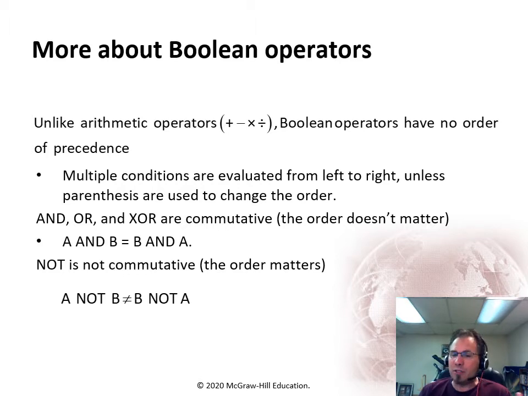However, the not, which makes sense, is not commutative, because A not B is definitely different than B not A. It's an exclusionary type of result, meaning you're getting back less data than you get from the same data set. So you have to understand how to set up a not if you're going to use it. It's got to be A not B if that's what you need, or B not A if that's what you need. You can't flip-flop them. They're completely different data sets that you'll get back.